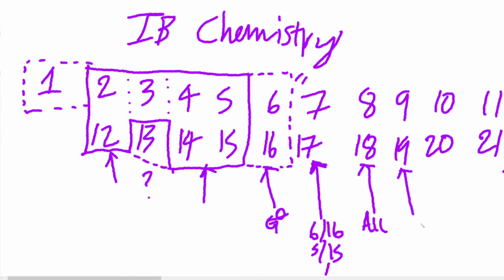Topics 9 and 19, redox reactions, are especially limited by your understanding of 5 and 15, as well as somewhat of 8 and 18. And then 10 and 20, organic chemistry.